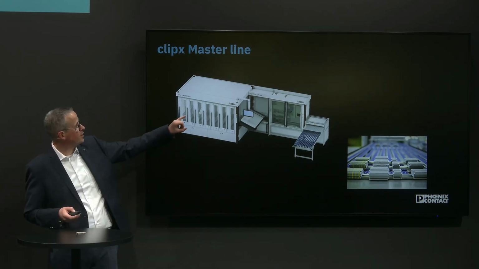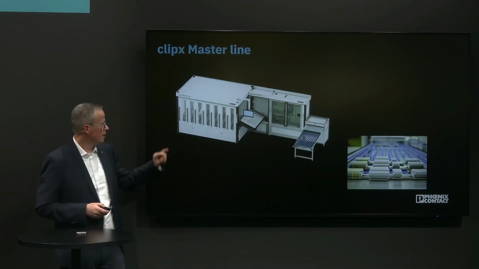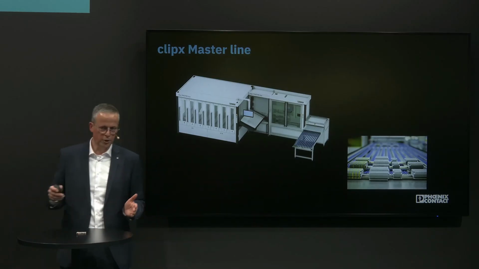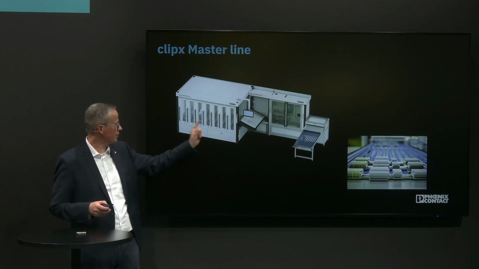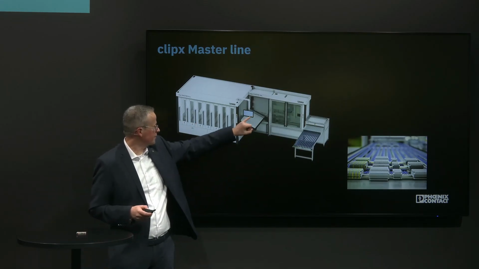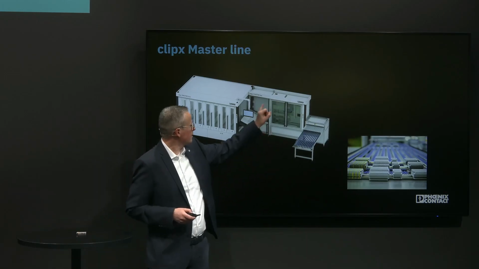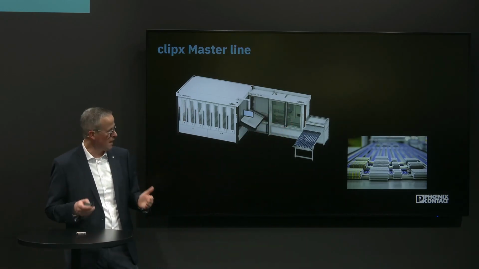This, honestly speaking, our master line is the top of the mountain. So this is a machine where you can produce your own terminal strips fully automatically. So you just put in the terminal blocks. Here you see some racks here. Then you have here a desk where you can place the DIN rails. And in between there is a laser unit where all the marking is done.